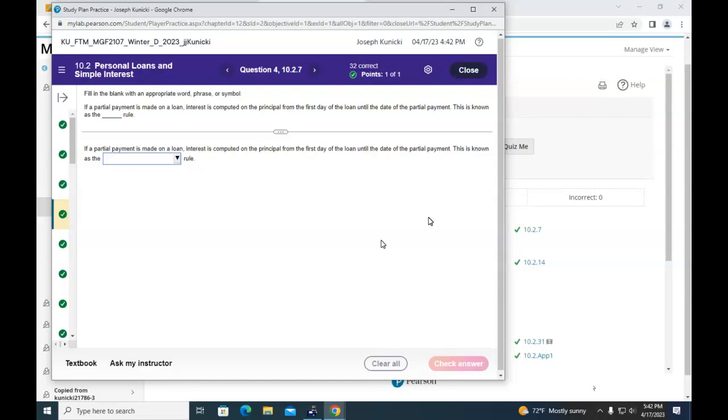The one on the left or the one on the right? Yeah, this is a bigger number. That's why they use 360. It's a few pennies, or dollars or whatever. But since this is a larger number, they have a federal rule. It's in the federal code that bankers use 360 days per year.